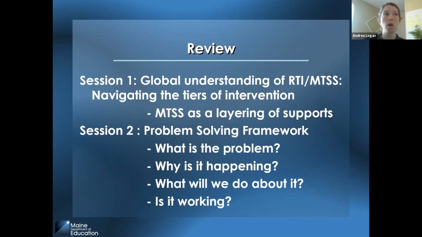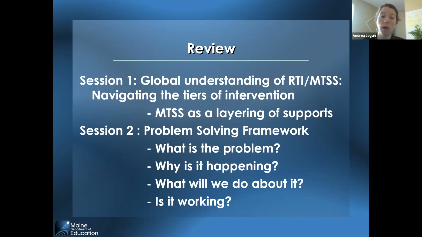So many times we think of tiers of a cake where you would take a piece, where you would go up a tier and step up to a different tier, with each intervention or each response to a student response. When actually MTSS is a layering of supports. So it's where you continue with your base layers and then add on additional pieces to that base layer based on student response and student needs.